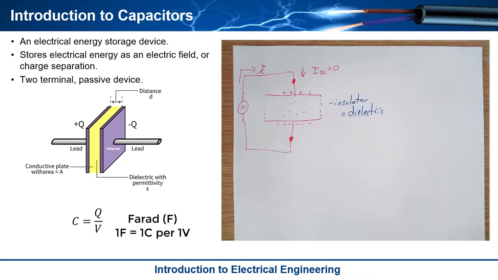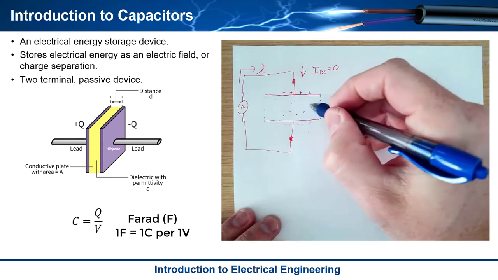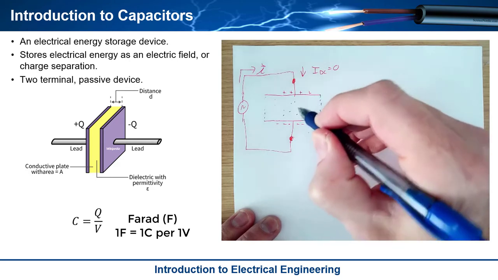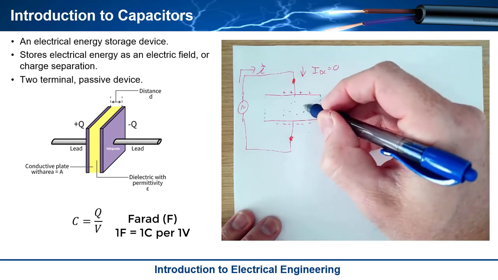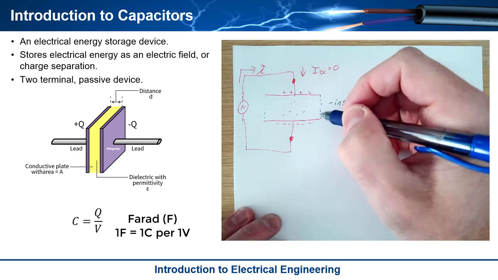So how does it actually store charge? One of the things that's interesting is that the insulator does not allow charge to move through it. You don't rip charge off the atoms in here. However, they do move closer to these plates based upon the charge.